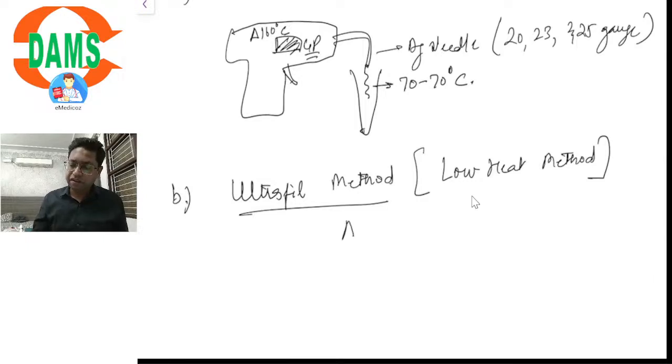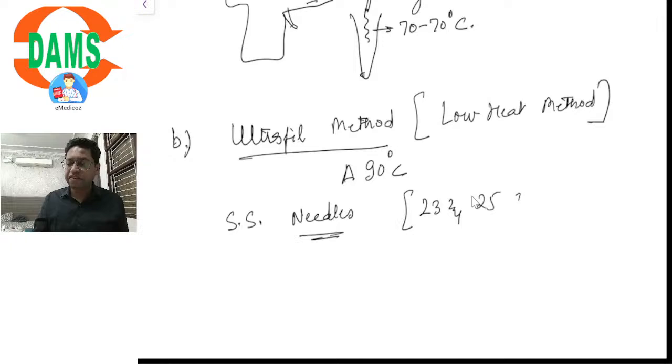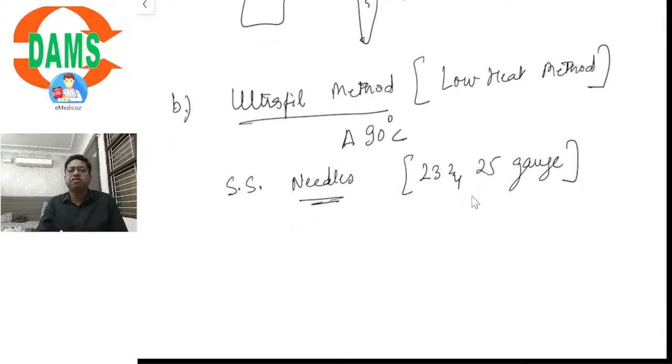Low heat means the temperature of heating the gutta-percha is 90 degrees Celsius. In the Ultrafil method, instead of silver, stainless steel needles of 23 and 25 gauge are used to inject the liquid gutta-percha inside the root canals.